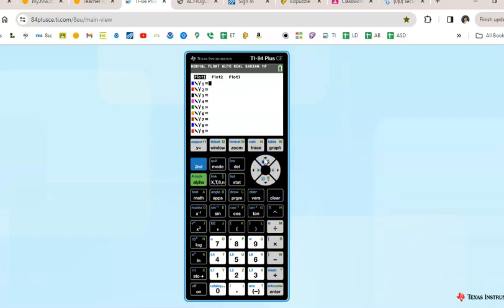All right. My first one, remember f of x was equal to 5,200. G of x was going to be equal to 5,000 times 1.01 raised to the x power.